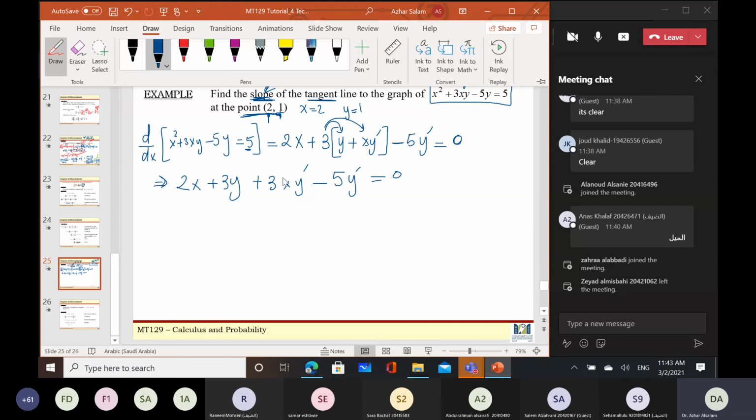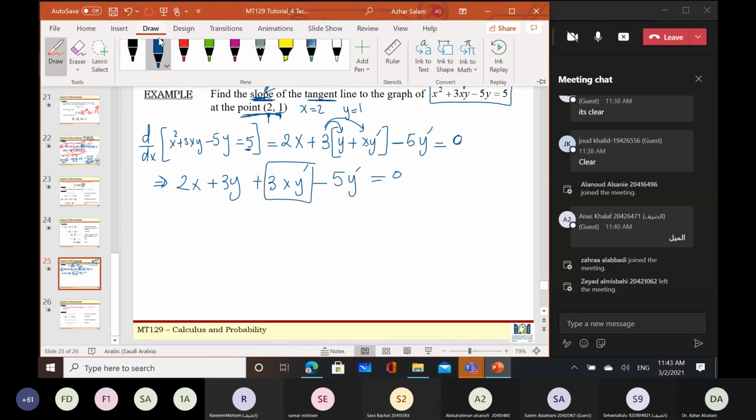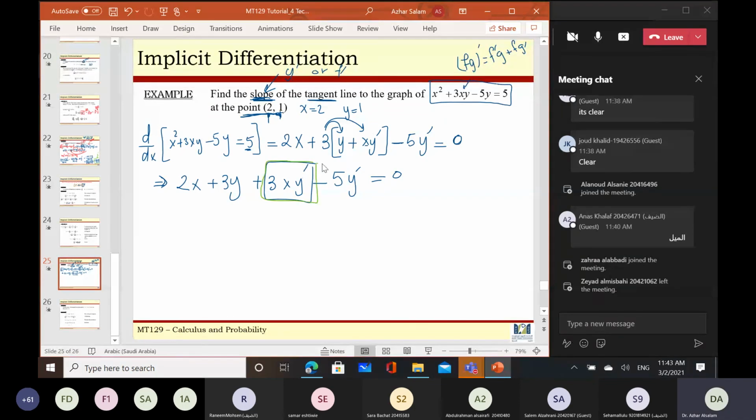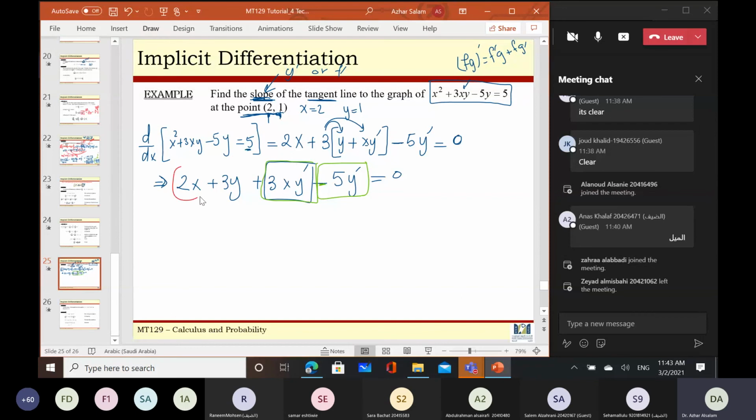So I will find the terms with y dash. This term contains y dash and also this term. I take it with the sign. Of course, this is going to move to the right and this to the right.